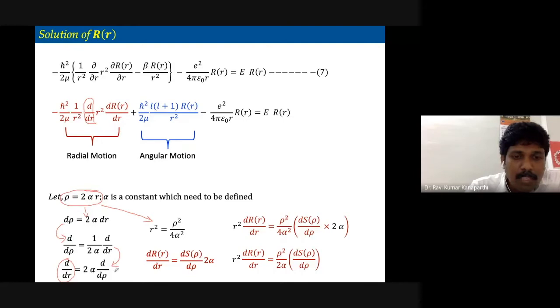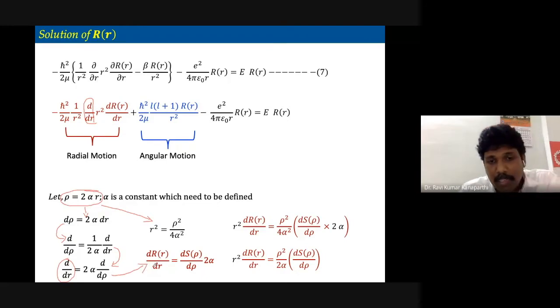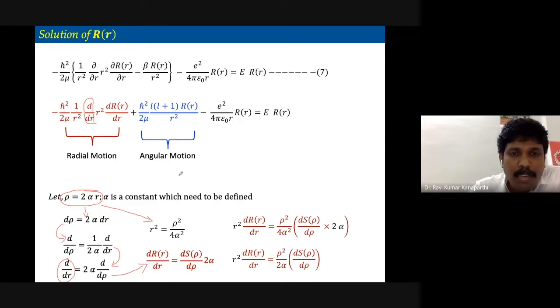And then from this expression, you can evaluate d capital R of r by dr is equal to dou S of rho by dou rho multiplied by 2 alpha. When you make a substitution, initially you have an expression R of r, the differential equation in R of r. Now, when you make the substitution, naturally it will transform to a new function, that is S of rho.